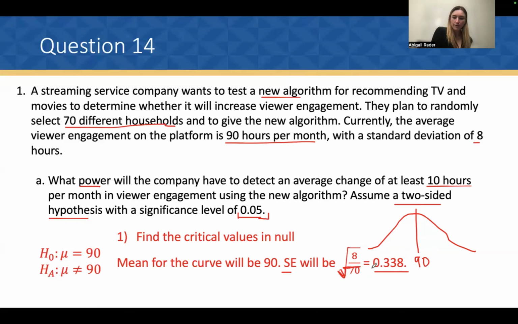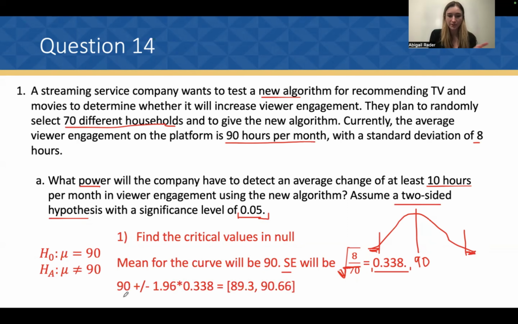Okay. So based on our standard error of 0.338, what threshold do we need to reject our null hypothesis? It's a 2-sided test, so the sum of these 2 regions is equal to 0.05. What are these thresholds at? Same as any kind of confidence interval calculation.